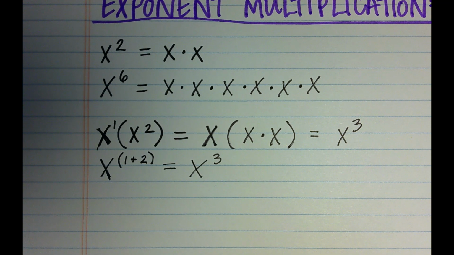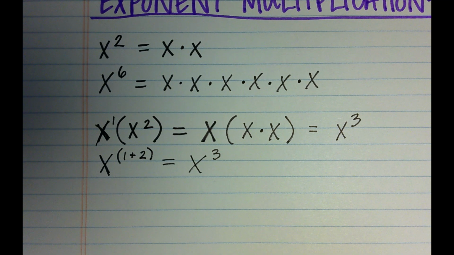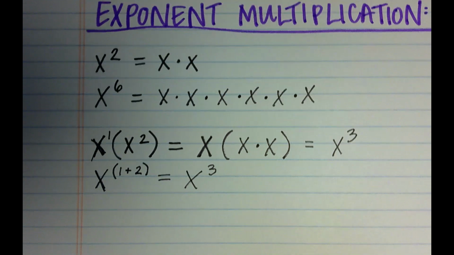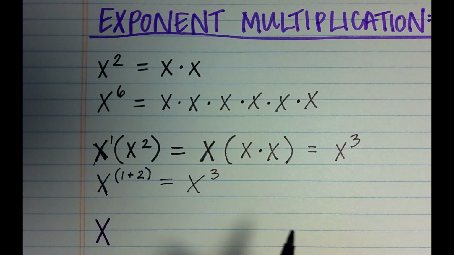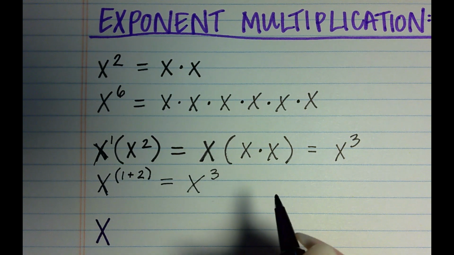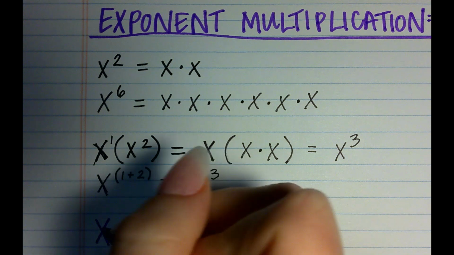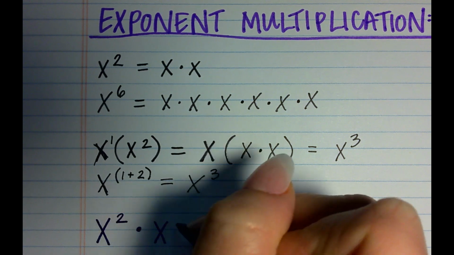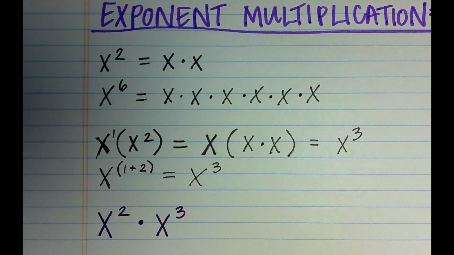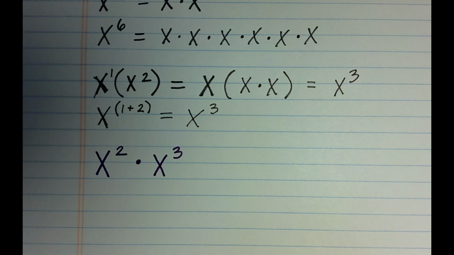So let's try something different, but we're going to remove the parentheses, just to show that it's all kind of the same. The parentheses might be confusing us a little. What if I gave you x squared times x to the third power?